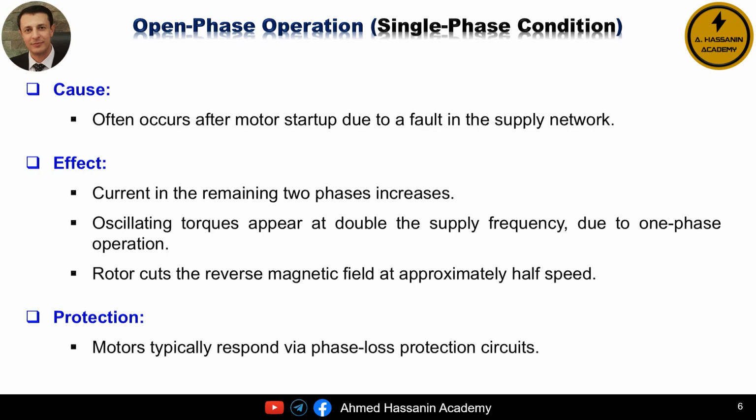These are designed to detect when one phase is missing and take action, like shutting down the motor or triggering an alarm, so we don't end up damaging the motor or the connected load. So the key takeaway here is, losing a phase isn't just an electrical glitch. It affects current, torque, and the mechanical side of the motor. And that's why these protection systems are so important.